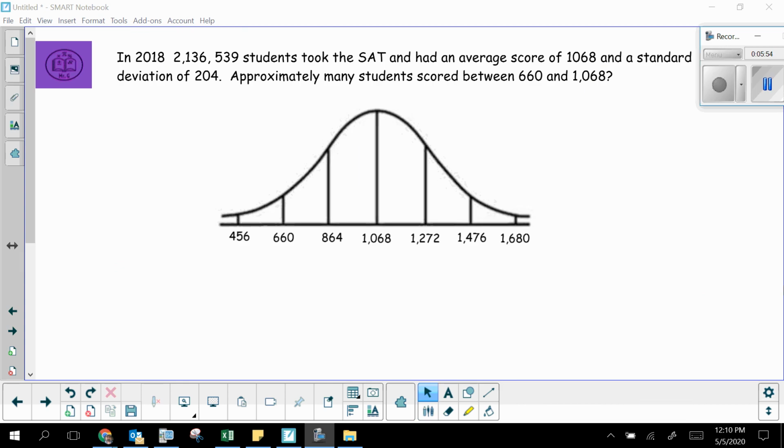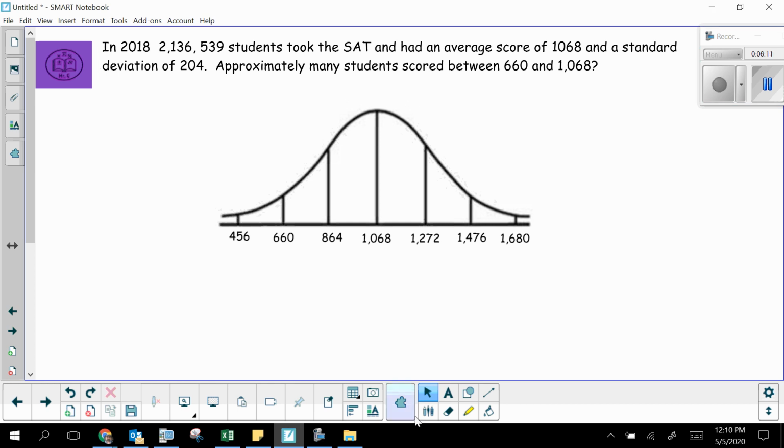The next problem we're going to look at is asking us a similar question. We're looking at the same set of data, 2018 SAT scores. We've already got the same normal curve set up. But this time, instead of asking us how many students scored above a certain value, they're asking us approximately how many students scored between 660 and 1068.